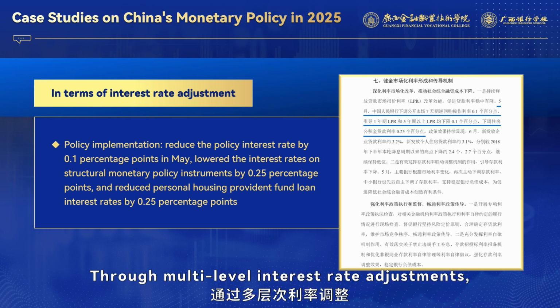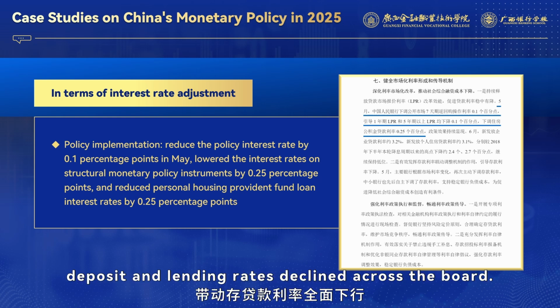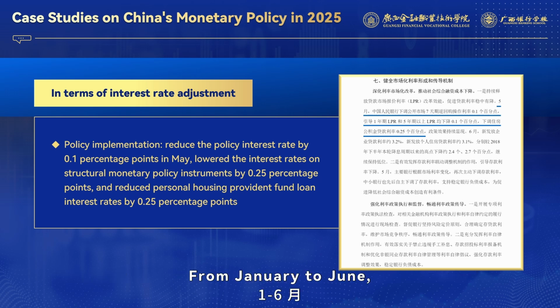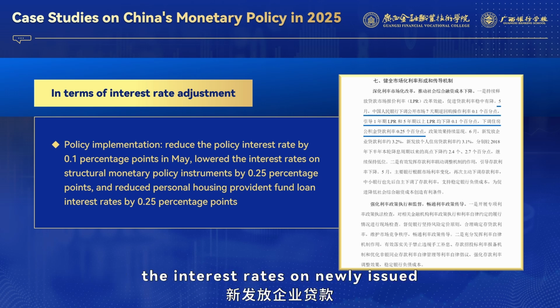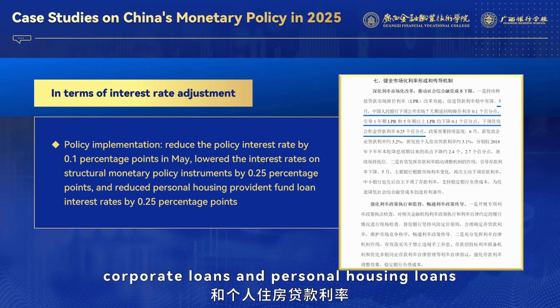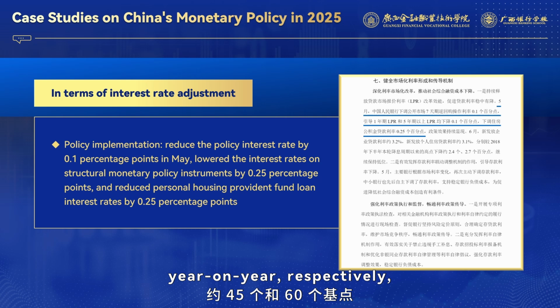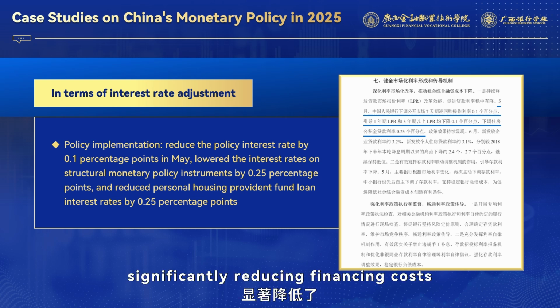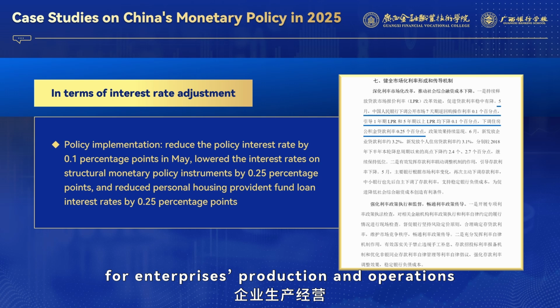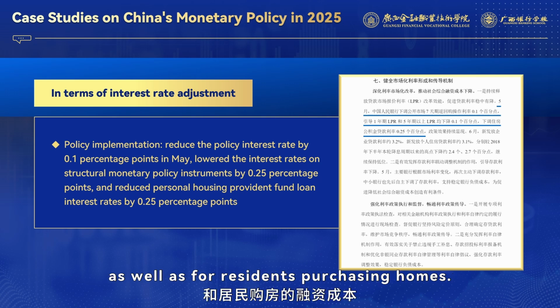Through multi-level interest rate adjustments, deposit and lending rates declined across the board. From January to June, the interest rates on newly issued corporate loans and personal housing loans fell by approximately 45 basis points and 60 basis points year-on-year, respectively, significantly reducing financing costs for enterprises' production and operations as well as for residents purchasing homes.